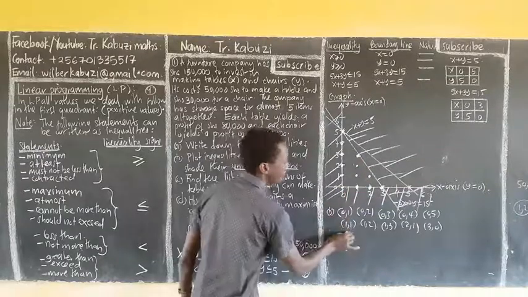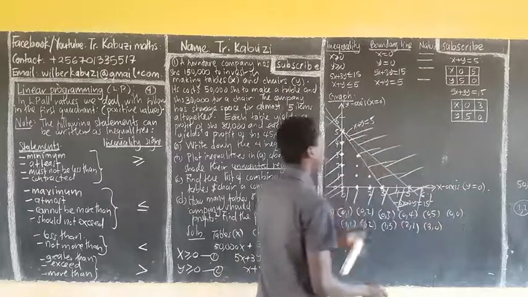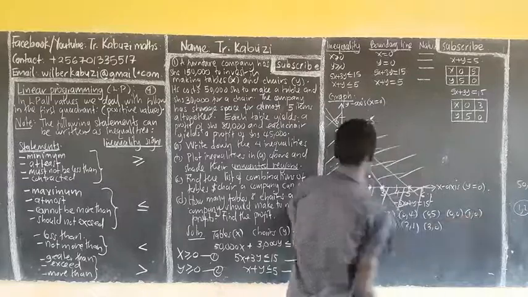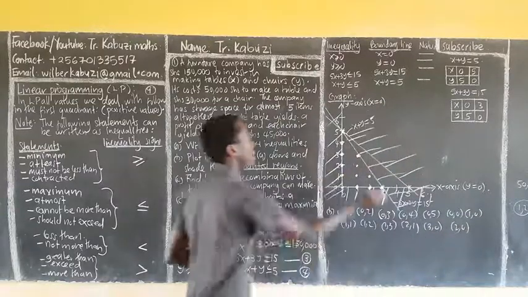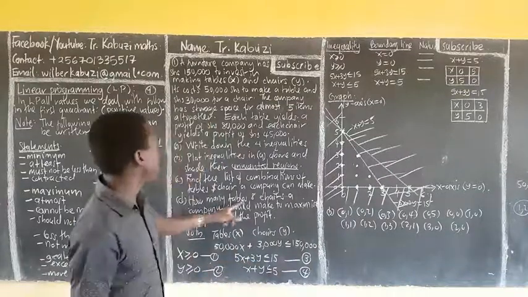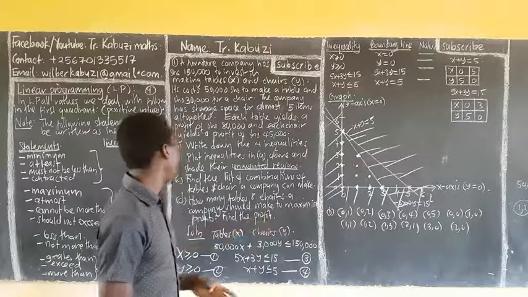We also take this as 0, 0. We also have this as 1, 0. We have this as 2, 0. So those are the points in the feasible region. So how many tables and chairs should a company make to maximize profits?